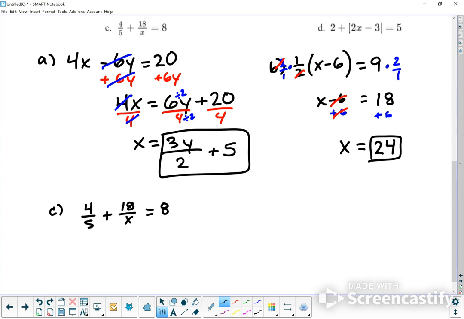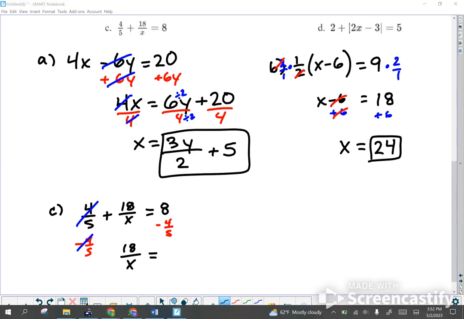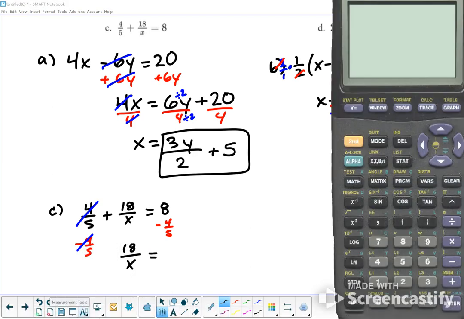Wow, this one looks tough, especially if you don't like fractions. I'm going to go ahead and subtract 4/5. So 8 minus 4/5. These are going to go away. So I get 18 over x on that side, and I have to figure out what 8 minus 4/5 is.